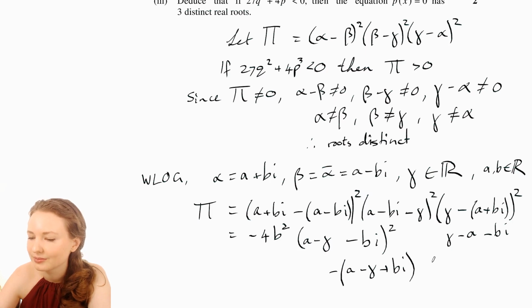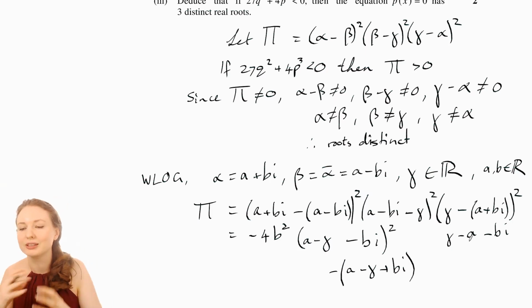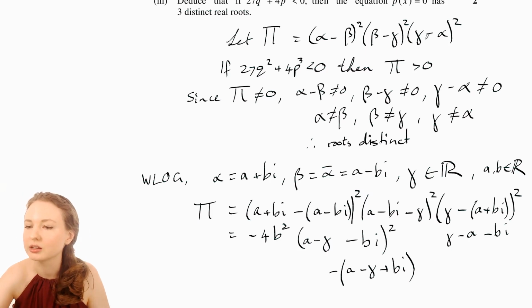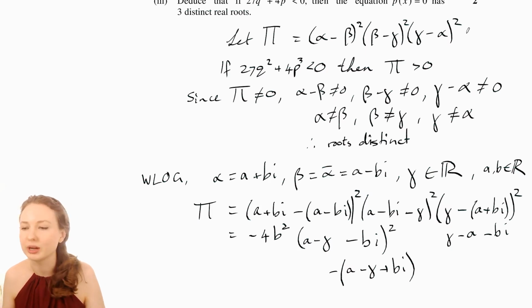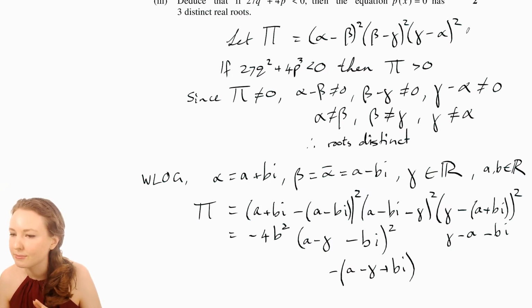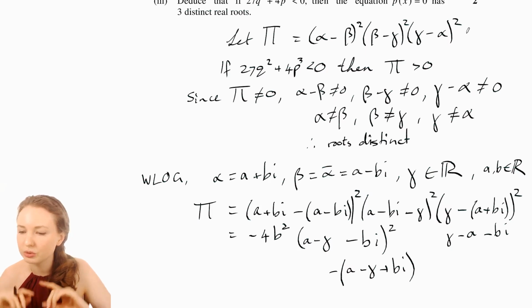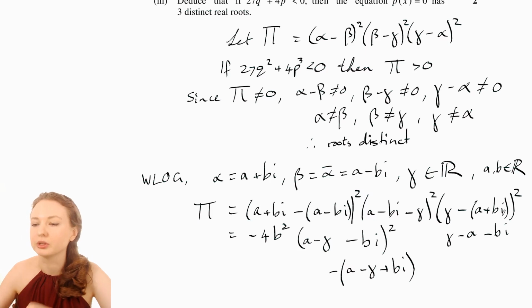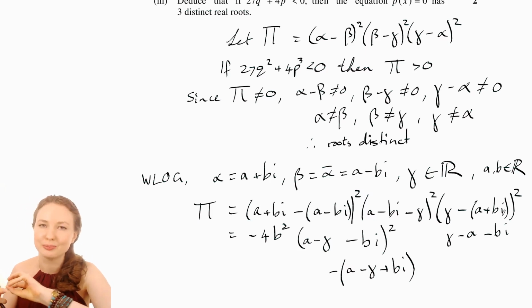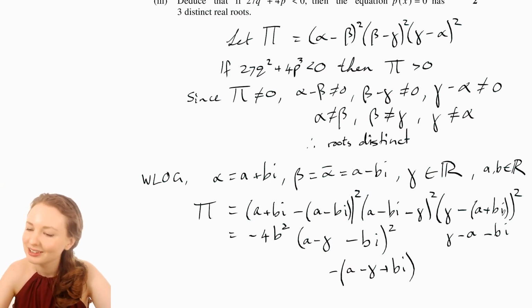What they did in the solutions was, I think, start out by saying that gamma minus alpha squared is the same thing as alpha minus gamma squared. You could do that if you started doing this in your rough working and then backtrack and plan ahead.